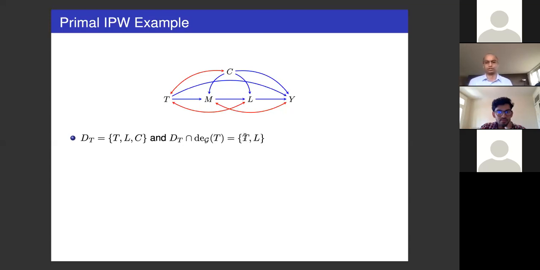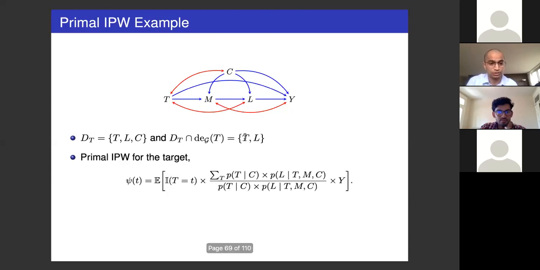Because by convention, T is a descendant of itself. And so what that gives us is the primal IPW for the target, represented like this. So in the denominator, we have the conditional density P of T given C, and L given T, M, and C.